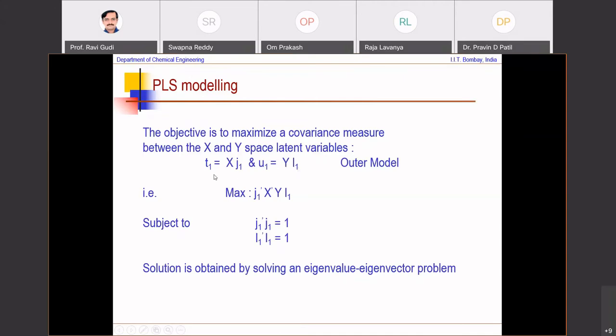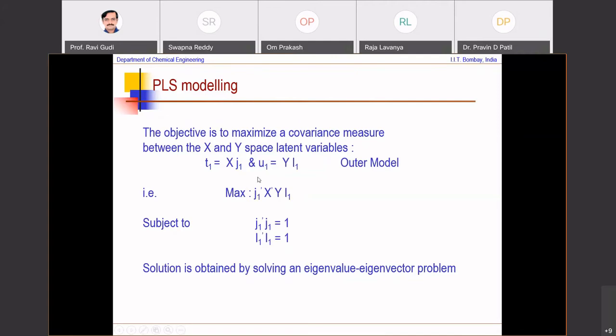I determine them by solving an optimization problem that maximizes a covariance measure of the X and Y space. I say T1 transpose U1, and I seek to maximize that. T1 transpose becomes J1 transpose X transpose, and U1 becomes Y L1. This is what I want to maximize.